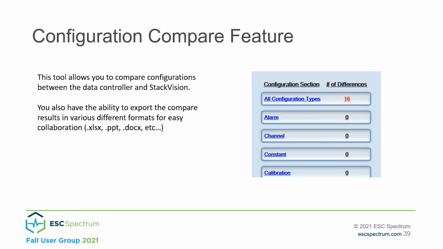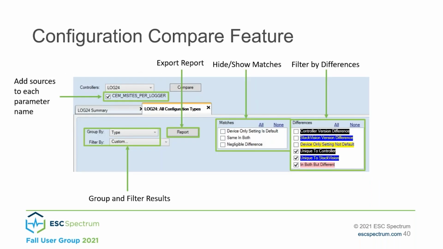You can actually print the screen by hitting report, and report is going to pull up a screen similar to the reports that you pull up in StackVision, and you can export the configuration compare reports in whatever Excel, PDF format, whatever you need. You can also alter what you're seeing because the config compare by default shows you a lot of information.